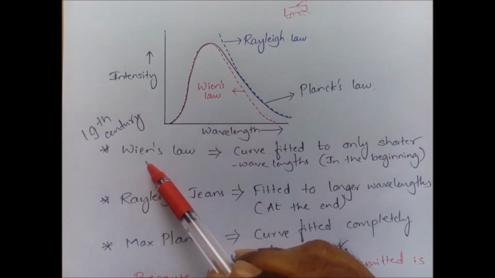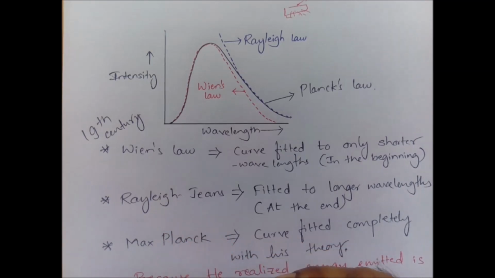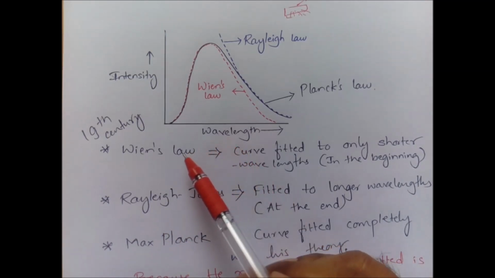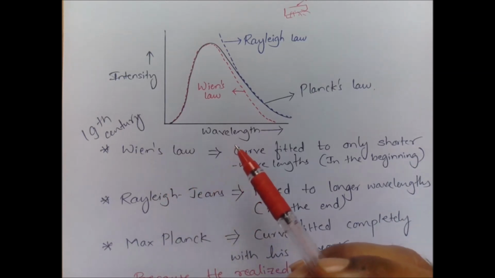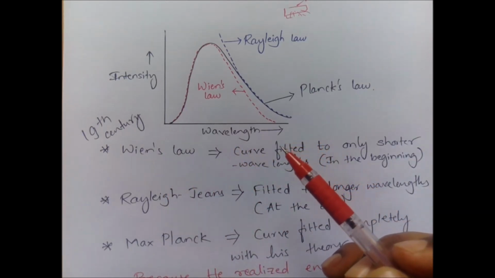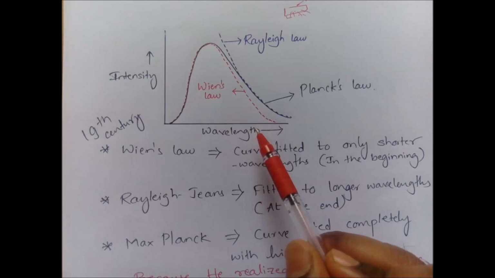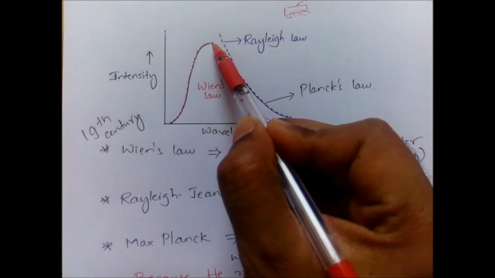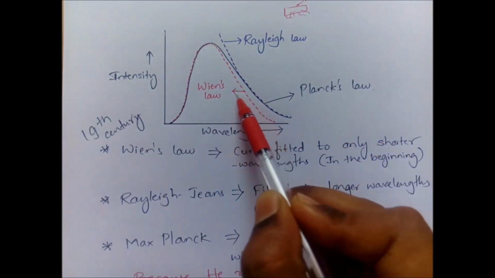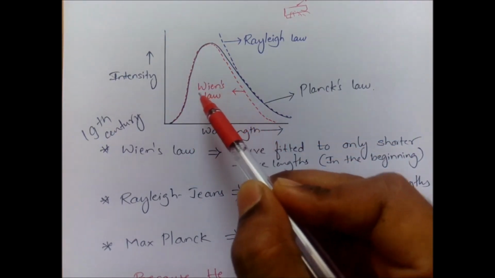Wien, Rayleigh-Jeans and Max Planck were working on that. Wien found that his equations, his theory, only fitted till here. This red dotted line is Wien's curve, or Wien's law.